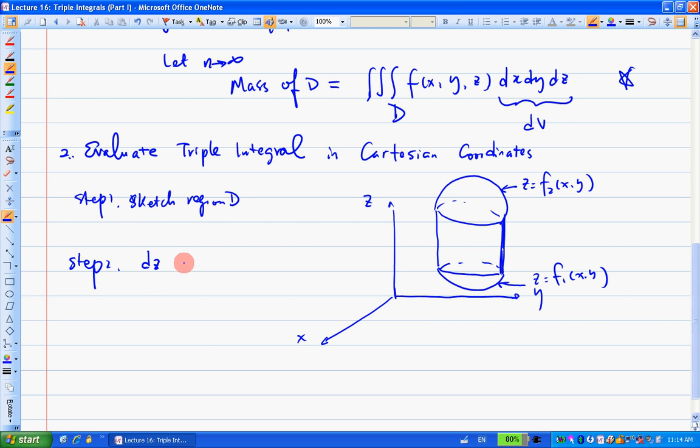So I'm going to do dz, dy, and dx. So maybe I should write down this wording here: determine the order of integration. In this case, I'm going to do this order: dz, dy, dx. Here's the order I'm going to use.